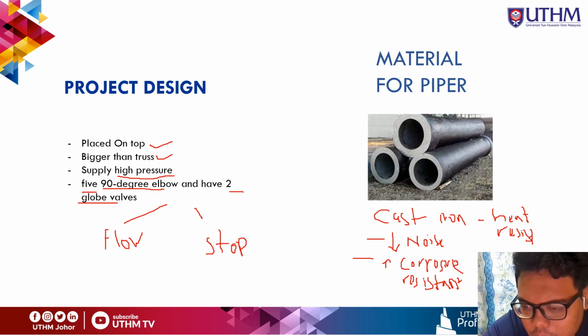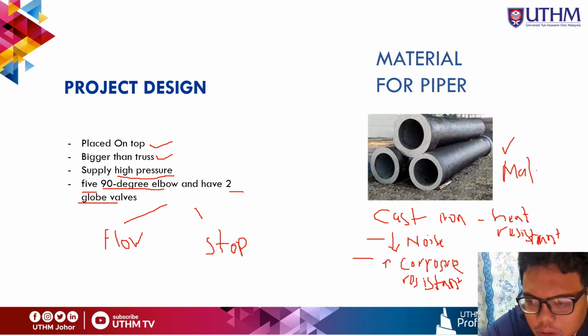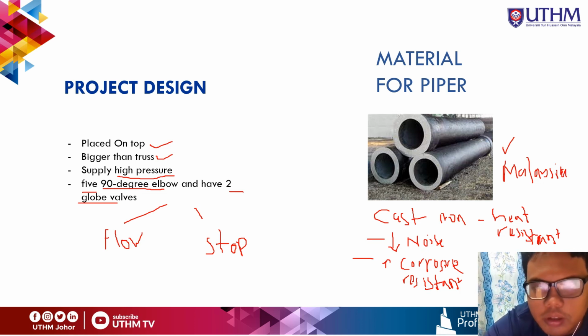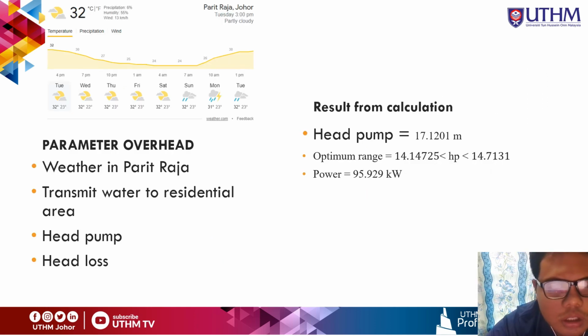We thought this is really suitable to be used in Malaysia, because of the temperature and the weather in Malaysia, so we thought cast iron will be perfect for our pipe. The next thing we need to consider is the parameter overhead.